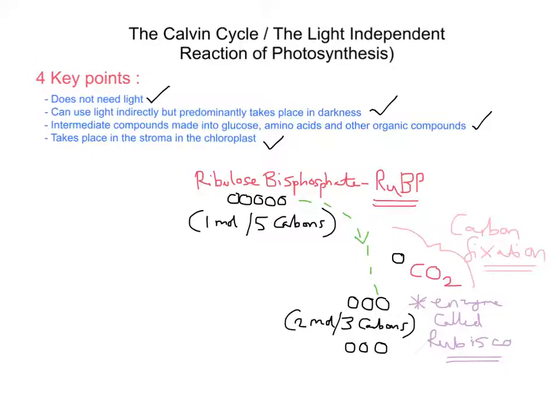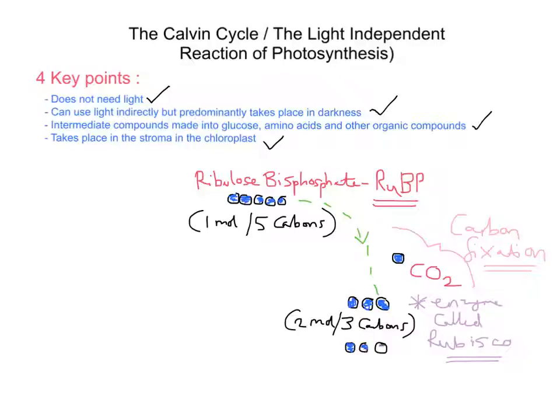So I'm just going to colour these in just to make it a little bit clearer as we're going through. From a simple perspective, if you just add the 5 carbons to the 1 carbon in carbon dioxide, that quite simply creates 6 carbons.